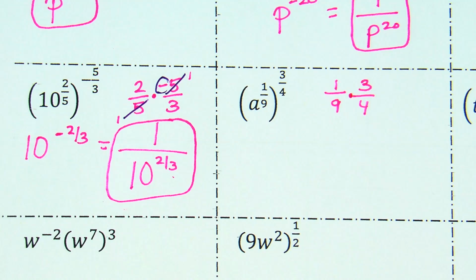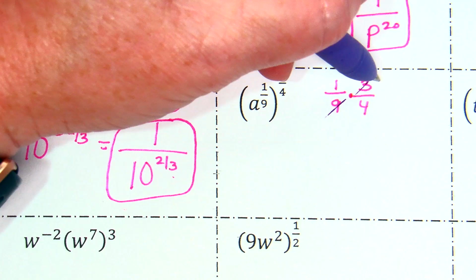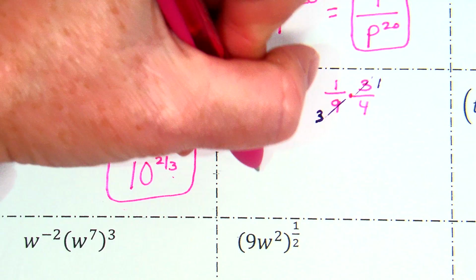They can cancel each other out, right? 3 divided by 3 is going to be 1. 9 divided by 3? 3. So then, we're going to have A, okay, what remains on top? 1 times 1? 1. Over 3 times 4? 12. So A to the 1/12.